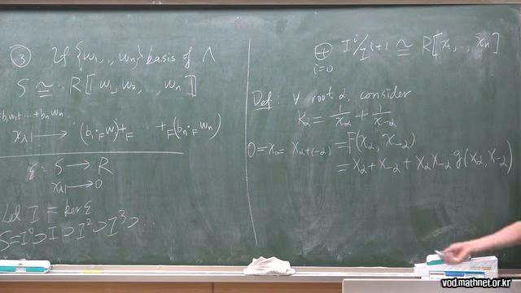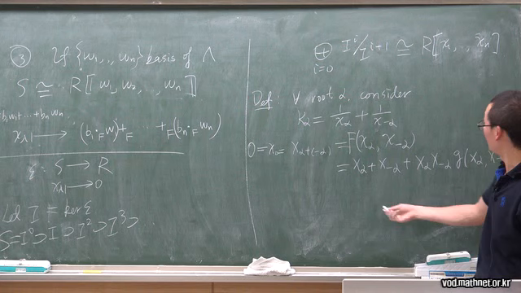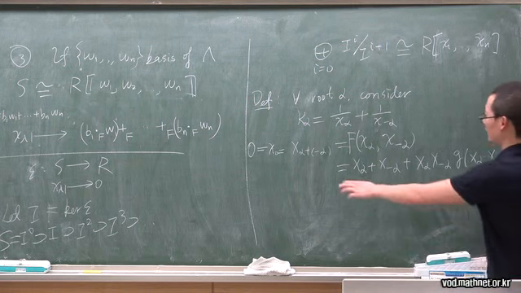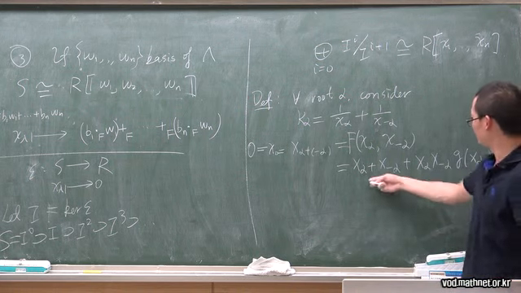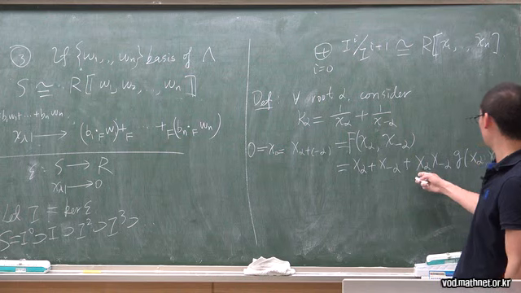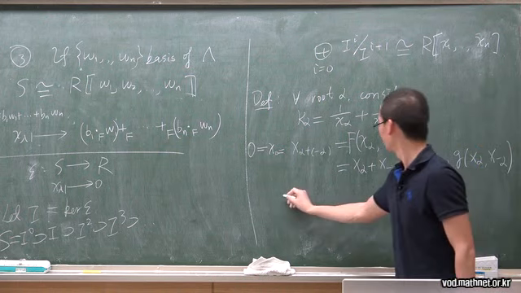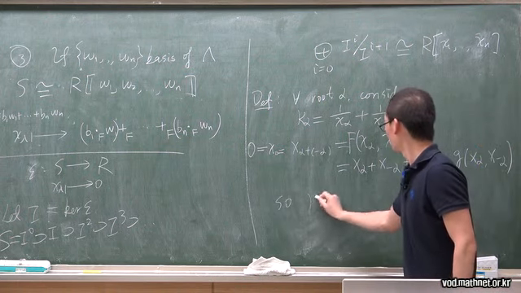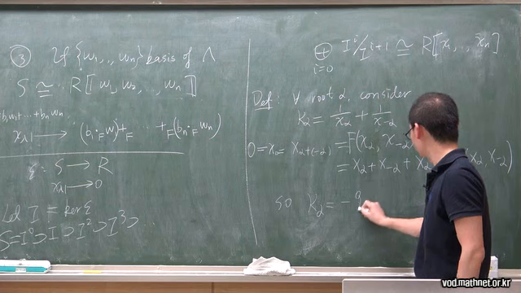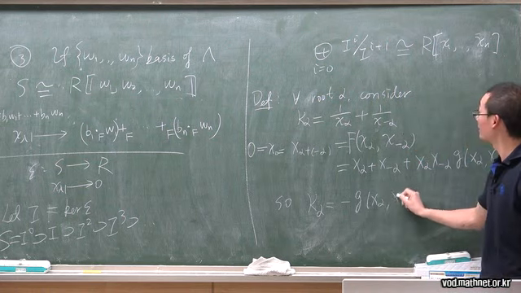Then it's not difficult to see that, because 0 equals this, you can move this piece to the other side and divide it by x alpha x minus alpha.